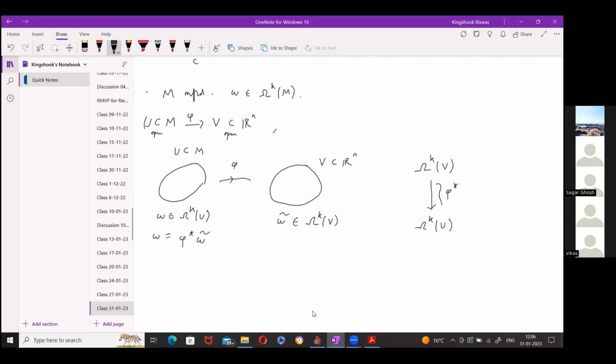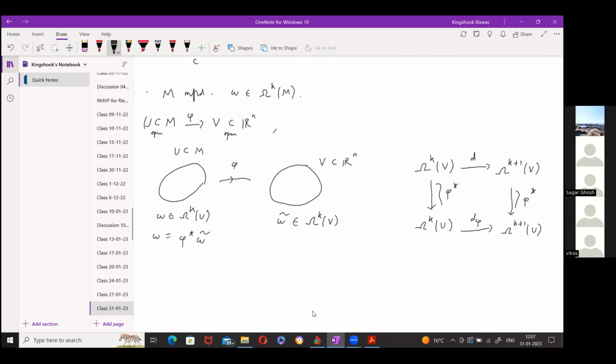Now here in Rn, I have the exterior derivative d going from K forms on V to K plus 1 forms on V, right? And I have another isomorphism here, which is again pullback phi star, going from K plus 1 forms on V to K plus 1 forms on U, right? So from this diagram, I get a map below, so that this diagram commutes. Let me call that map d sub phi, okay? So this is the exterior derivative computed in a chart.